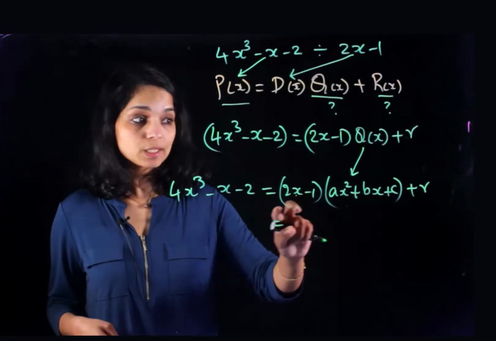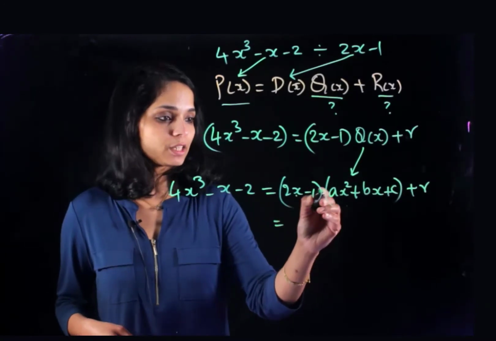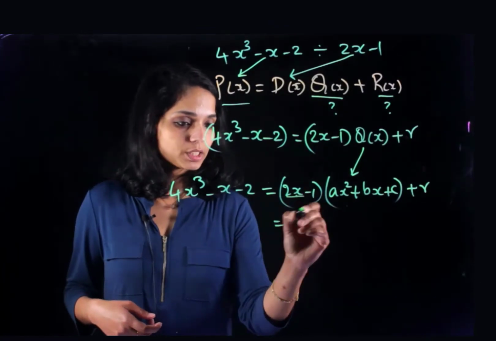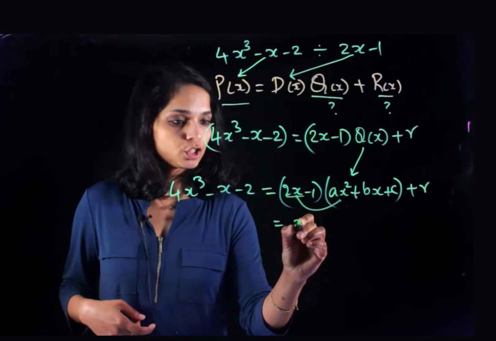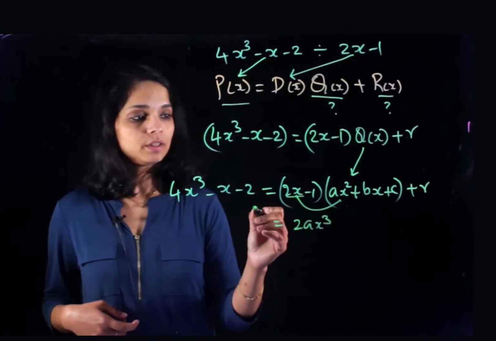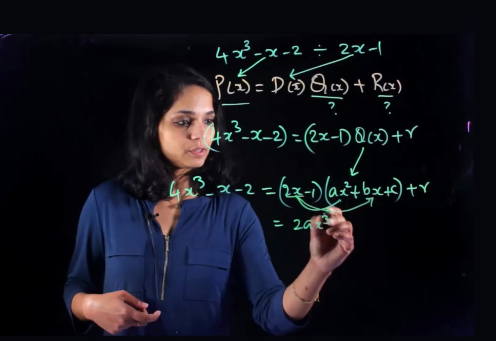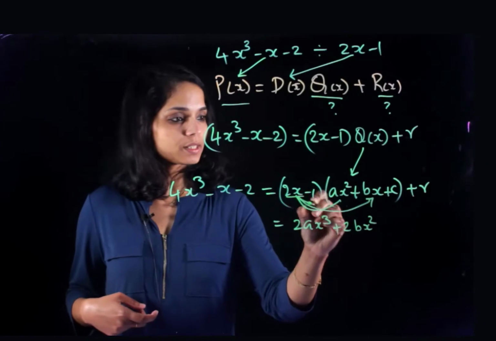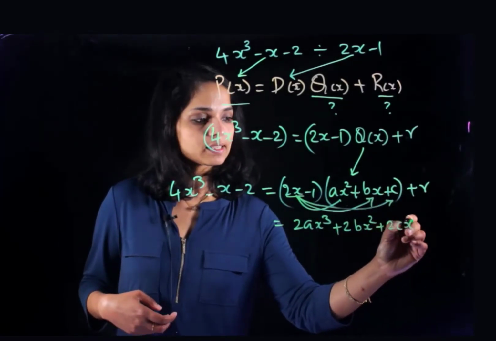So let's do that in here. First we need to expand this bracket. So multiply 2x with all the terms in the second bracket and then minus 1 with all the terms in the second bracket. Let's do the 2x one first. 2x times ax squared is 2ax cubed, and 2x times bx is 2bx squared, and then 2x times c is 2cx.